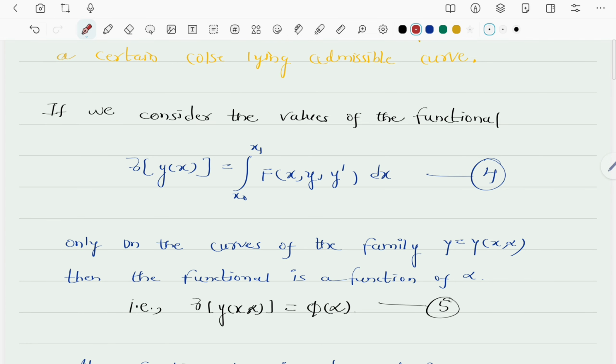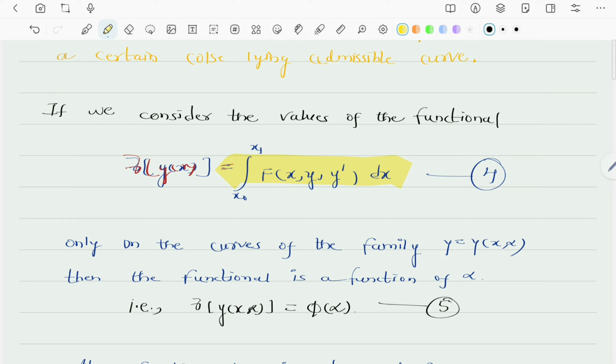Initially what we have is gamma of y of x, which is equal to the integral from x0 to x1 of f of x comma y comma y dash dx.